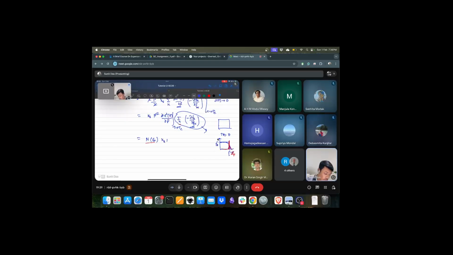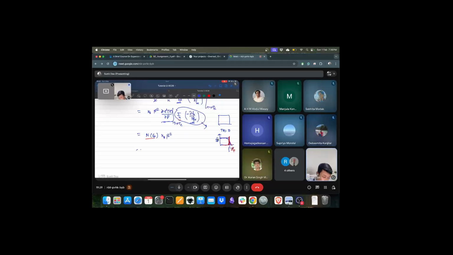So we have k_B beta squared, and this part we need to determine: del delta squared of T, del beta, which we can write as del delta squared of T, del T, times del T, del beta.